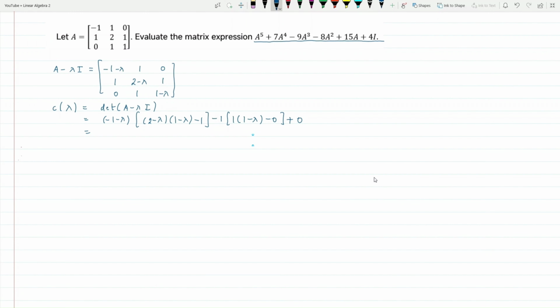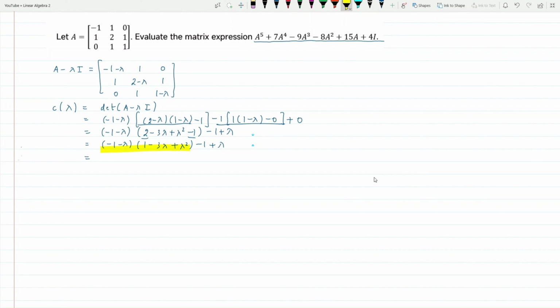This is equal to minus 1 minus lambda, and we can simplify this to 2 minus 3 lambda plus lambda square minus 1, and this simplifies to minus 1 plus lambda, which gives us minus 1 minus lambda. 2 minus 1 is 1, so we have 1 minus 3 lambda plus lambda square minus 1 plus lambda.